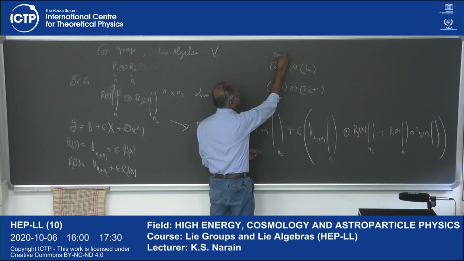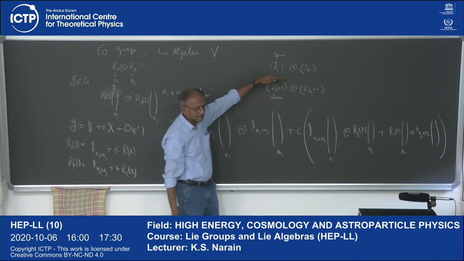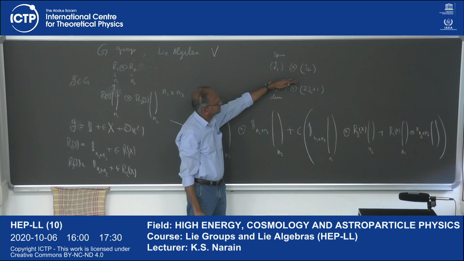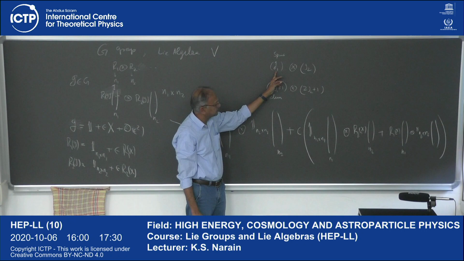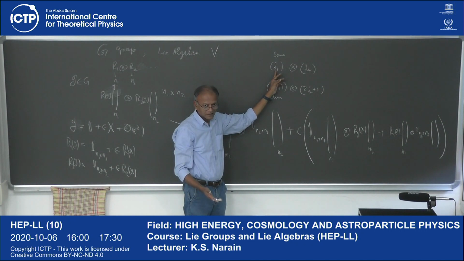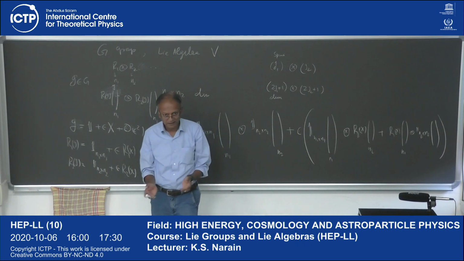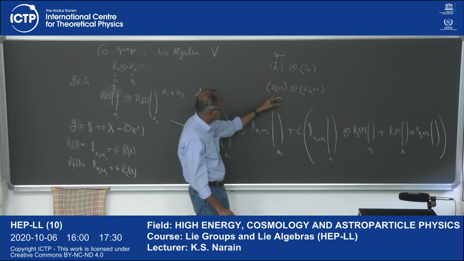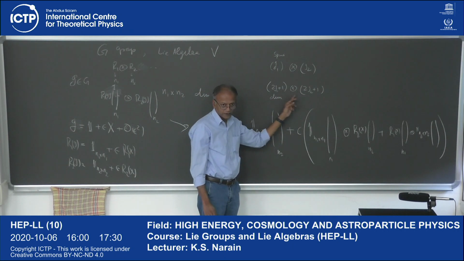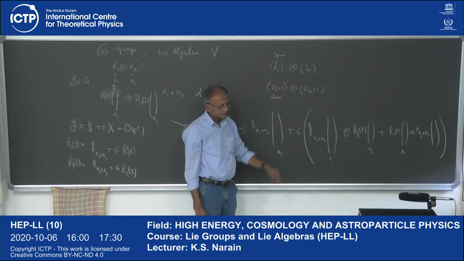But I hope this will not create confusion. Usually I'll be using this. Well, not really, because when I go to SU3, I will get back here, because there is not a simple thing like a spin there. In SU2, spin labels the representation. In SU3 it is more complicated. So when I go to SU3, I will revert to the dimension notation. But for SU2, I'm just writing spins.